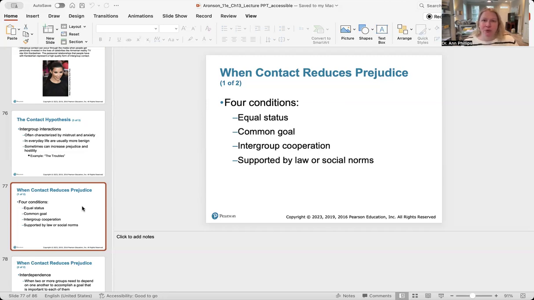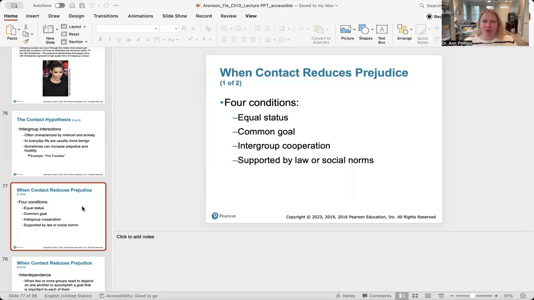Having some intergroup cooperation, maybe introducing activities where people have to work together in order to succeed, and having support by laws and social norms. Laws alone won't do it, but changing social norms can.